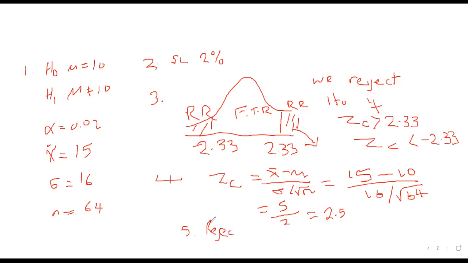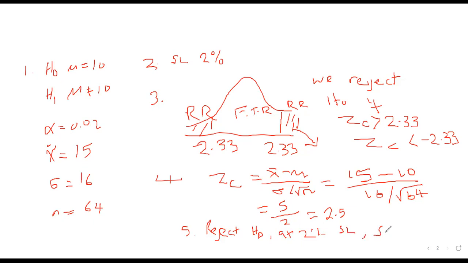You substantiate why we are rejecting and at what level we are rejecting. We reject H0, that is number 1. At what level? At 5%, or this is 2%, at 2% level of significance. Very important statement. Why?